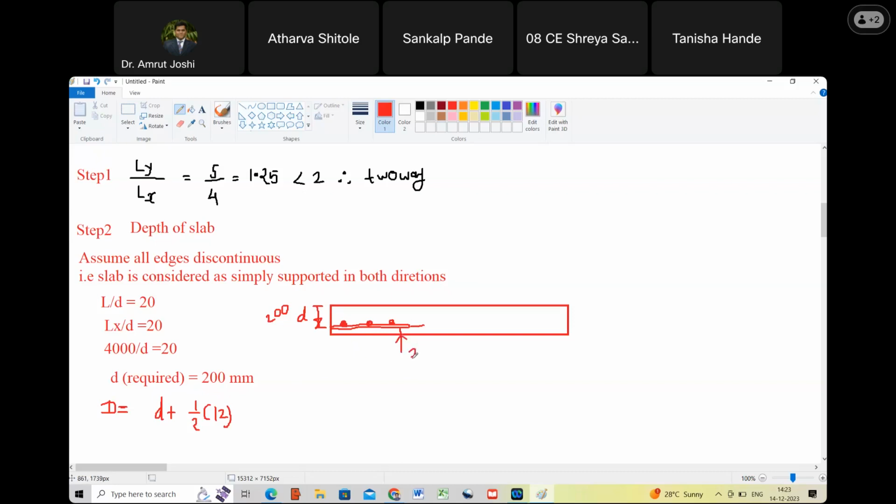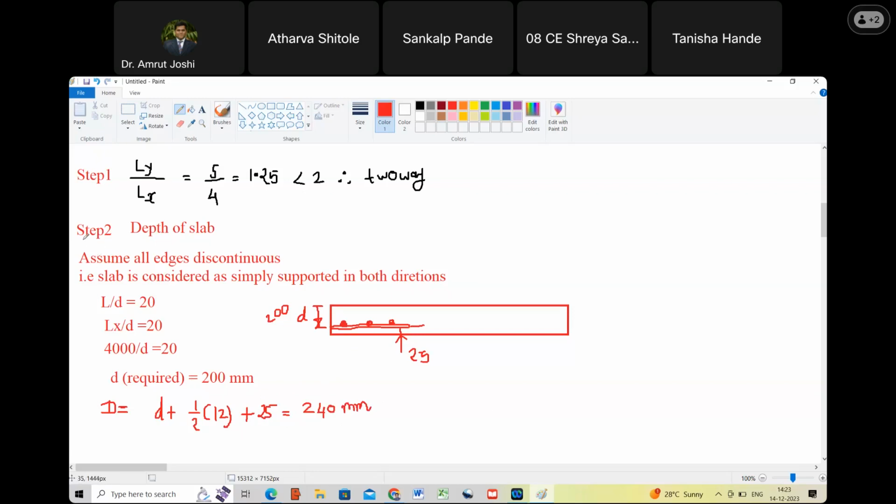And how much is that distance? That distance we take it as 25 mm. So this is plus 25 mm. So can you tell me what is this sum? 200 plus 6 plus 25. कितना आ रहा है? It is 231. So we cannot provide 231. So nearest 10 mm के multiples में round off किया तो we are going to provide 240 mm. Happy? Capital D will be 240 mm.